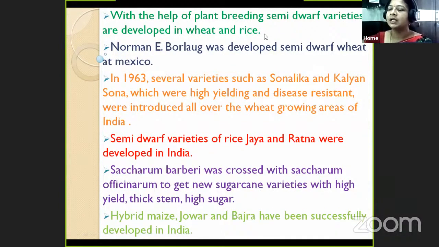That is nothing but a wild variety is crossed with a cultivated variety. Listen carefully. A wild variety with dwarf genes is crossed with a cultivated variety, which results in the formation of a new variety with dwarf genes, because dwarf genes are present in the wild variety. That's why a wild variety is crossed with a cultivated variety to produce semi-dwarf varieties in wheat and rice plants.